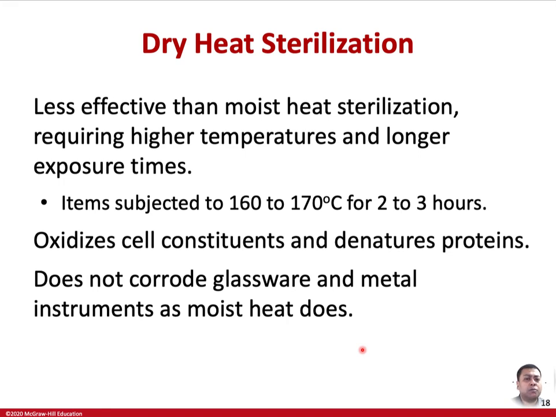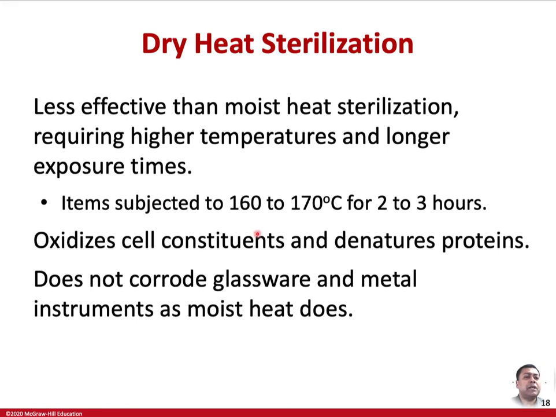The endospores of Clostridium botulinum can survive only about 5 minutes in moist heat at 121 degrees Celsius, which is autoclaving. In an autoclave, in 5 minutes, all the spores of this microorganism are dead. On the other hand, with 160 degrees Celsius dry heat, these spores can survive for more than 2 hours. So you can easily understand that dry heat is much less effective.